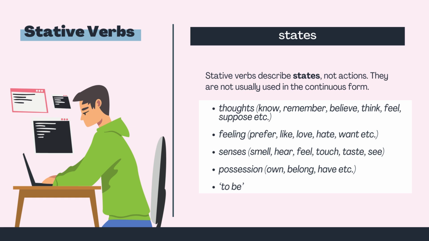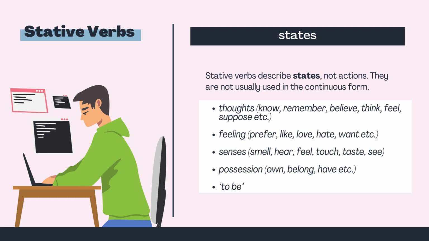However, there are some stative verbs. What are stative verbs? What do they express? What do they describe? Stative verbs describe states, not actions, and they're not usually used in the continuous form.